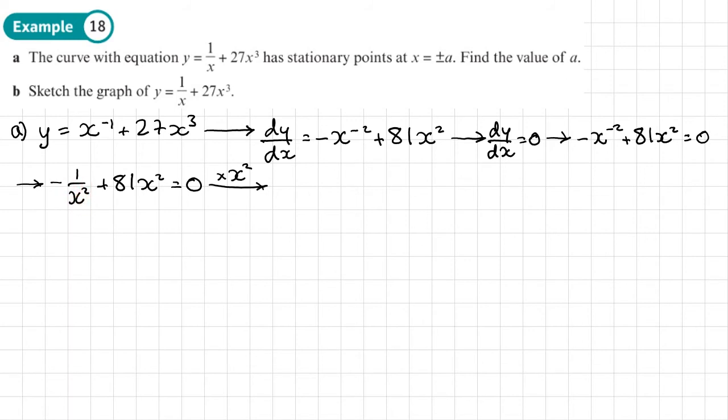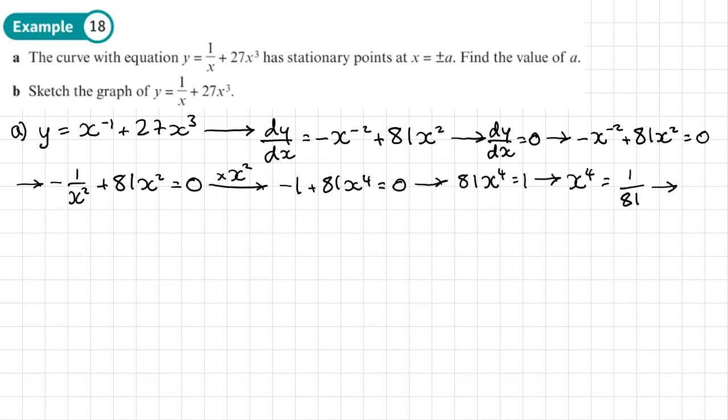So I'll end up with negative 1 plus 81x to the power 4 equals 0. Then we'll move the 1 across. So we have 81x to the power 4 equals 1. Divide both sides by 81. So we have x to the power 4 equals 1 over 81.